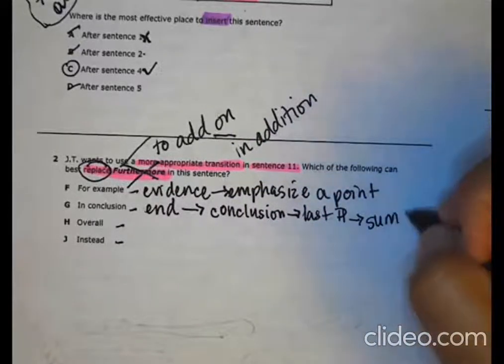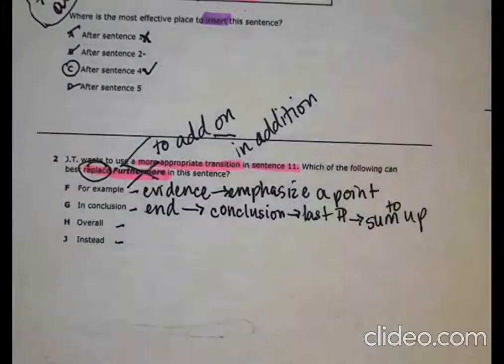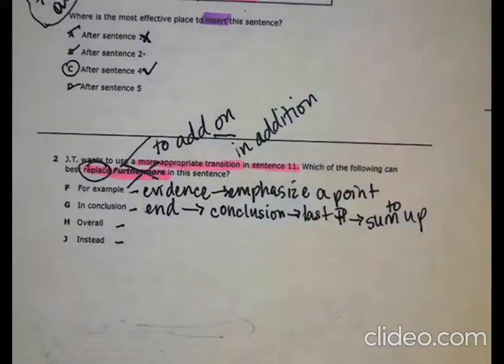We know it has to do with maybe summing up, right? This is the symbol for paragraph. Like to sum up.